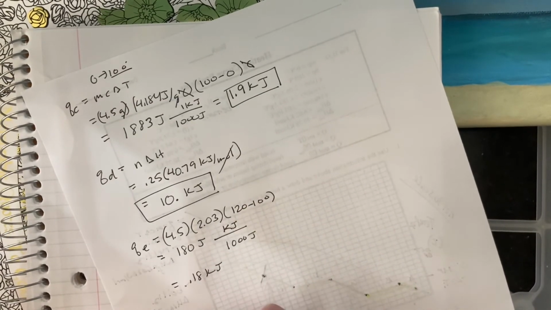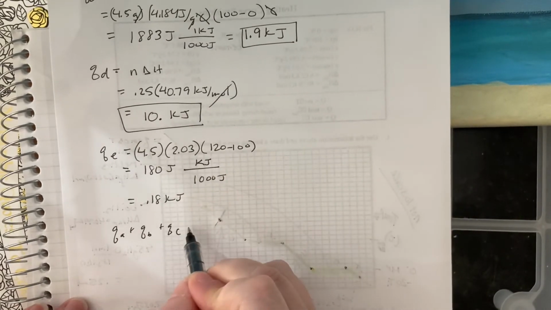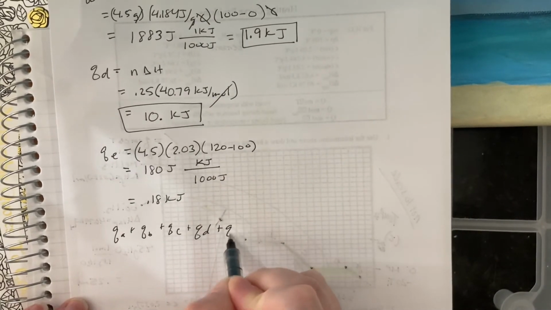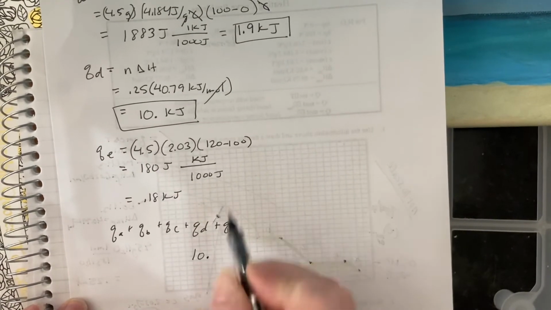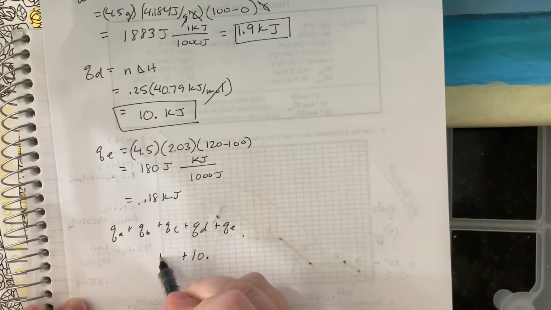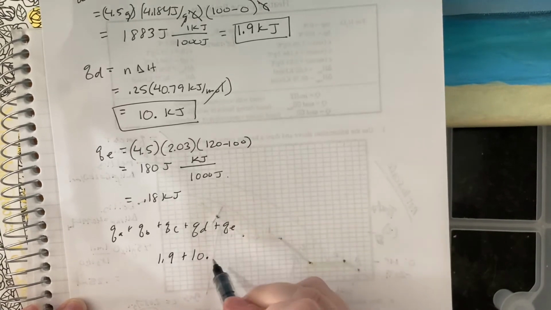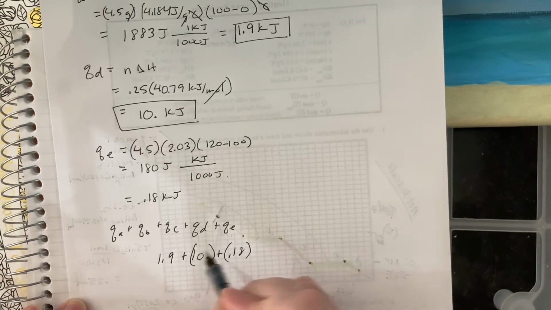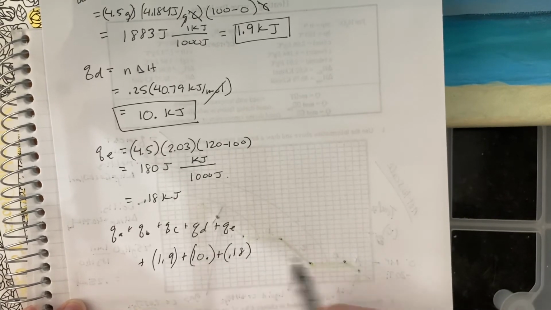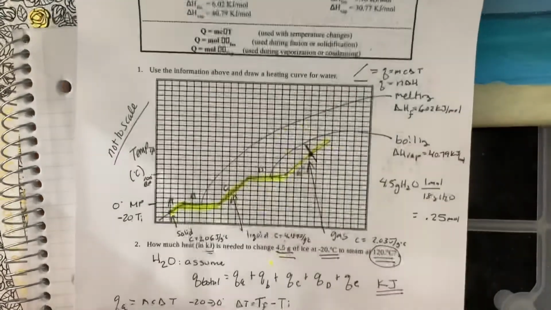So QA plus QB plus QC plus QD plus QE. Okay, QD 10., QC 1.9, QE 0.18. If you want to put these in parentheses if the dots are getting confusing there, go for it. QB 1.5.